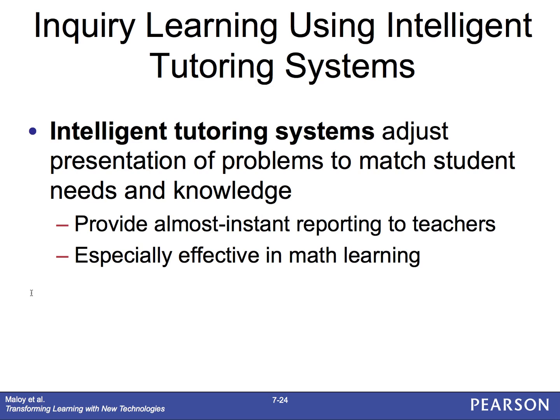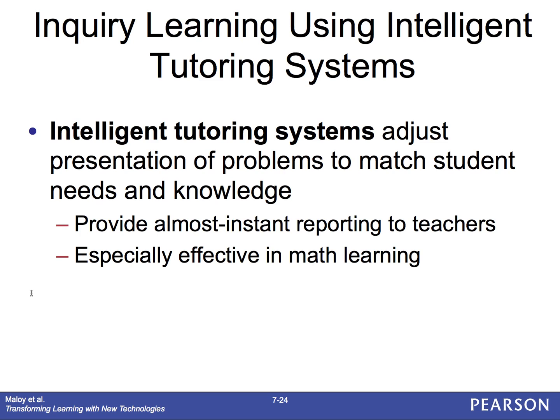There are a lot of tutoring systems out there. They tend to be for remedial things, such as math and science, history concepts, things like that. But there are also tutoring systems out there for just about any subject matter you could think of.